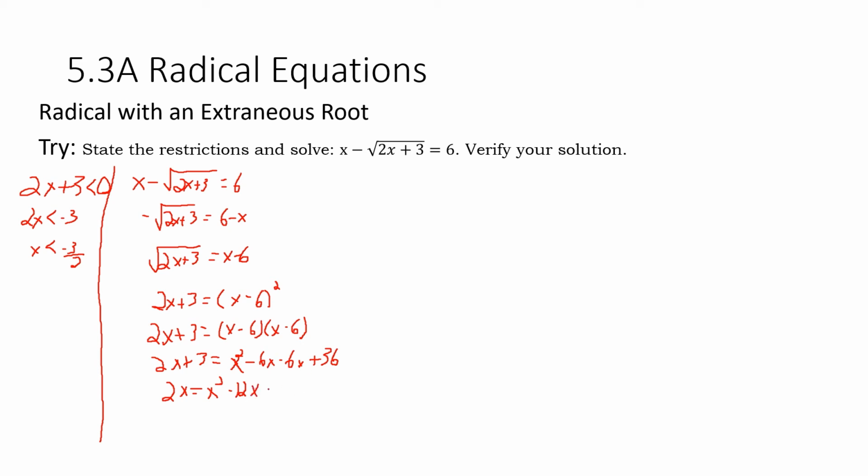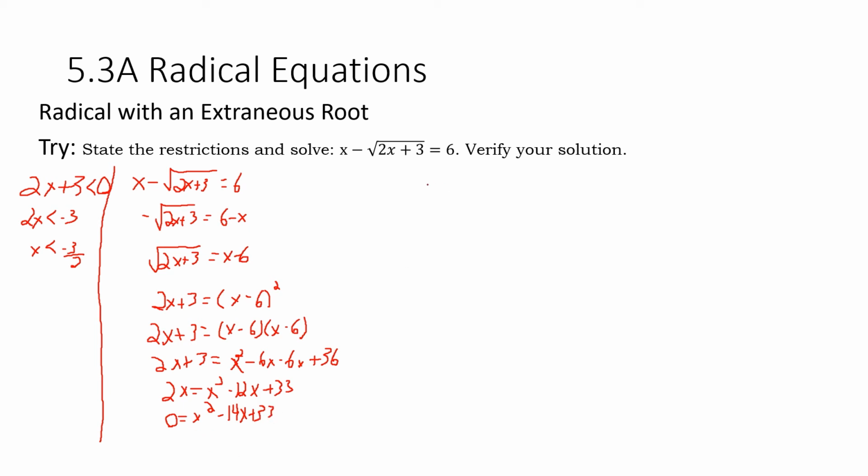And then we're subtracting 3 from both sides, so plus 33. Oh, sorry, we're not solving for x on the left. We're making this equal to 0. Subtract 2x from both sides, and we'll have 0 equals x squared. If you take 2x away from negative 12x, you'll have negative 14x, and then plus 33.